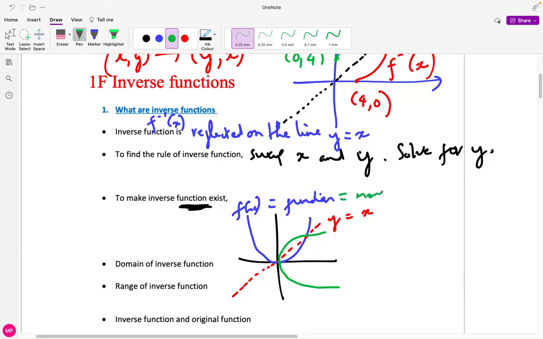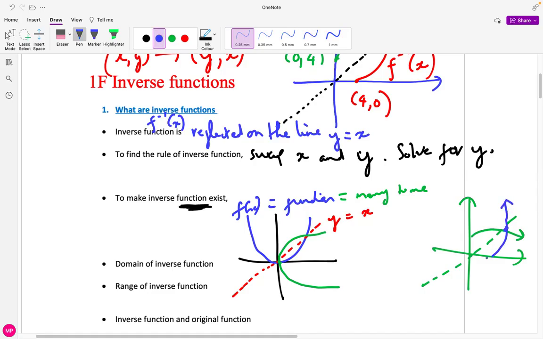However, if I have, let's say, a square root graph that looks like this, then this is one-to-one. So when I do the inverse, it goes like that. The inverse is a function because it passes the vertical line test. So even with a many-to-one relationship, the inverse function will not exist, but if it is a one-to-one function, then the inverse function will exist.